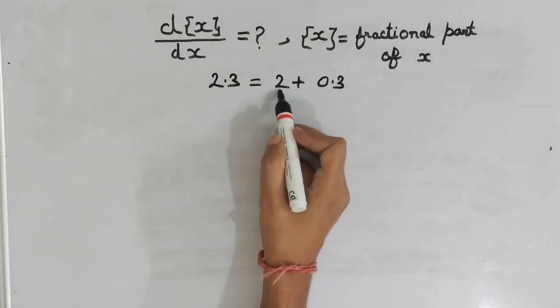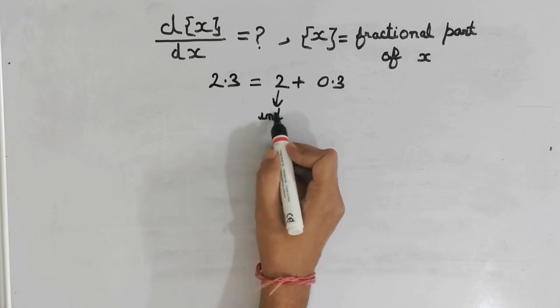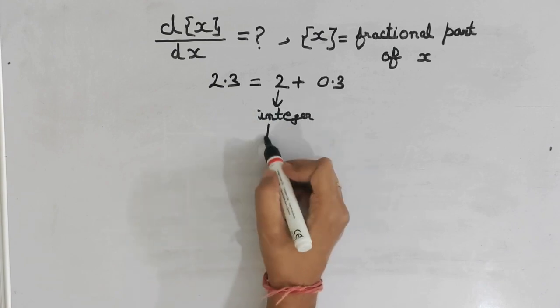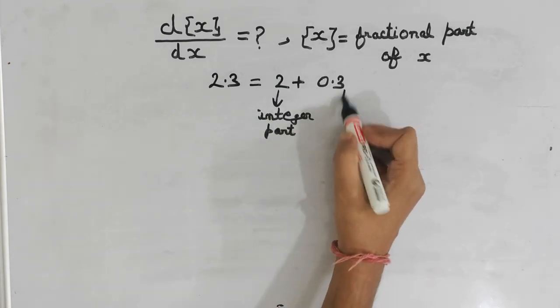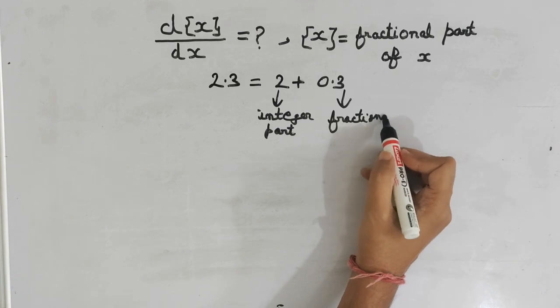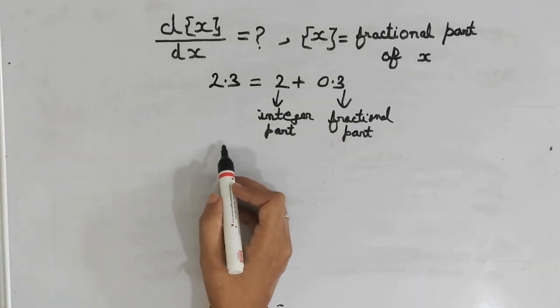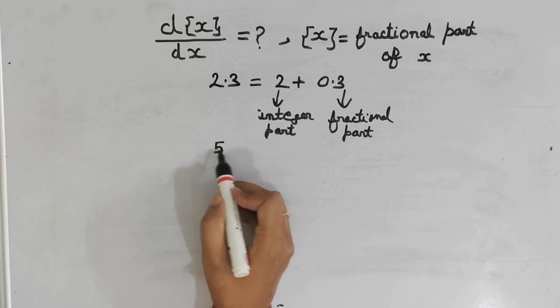Now, what is this 2? 2 is the integer part, and 0.3 is the fractional part. Suppose I am taking 5.5.